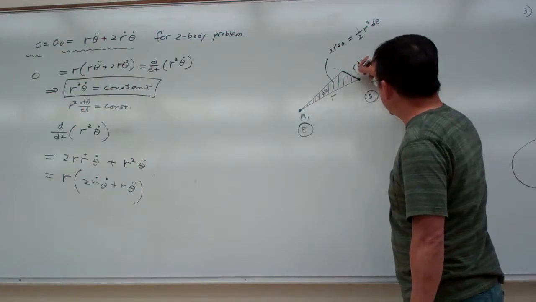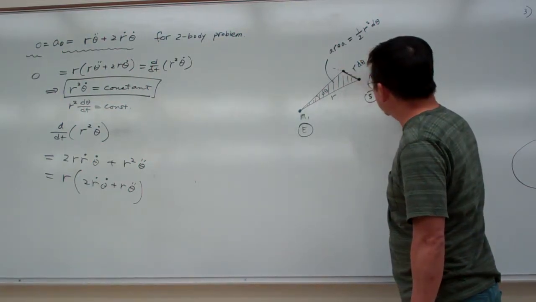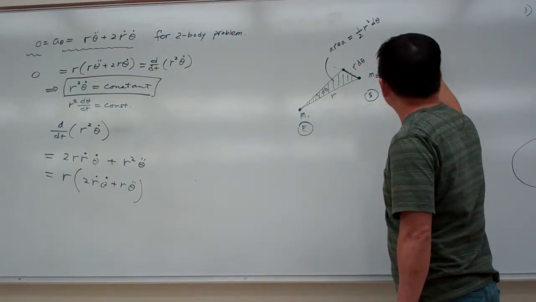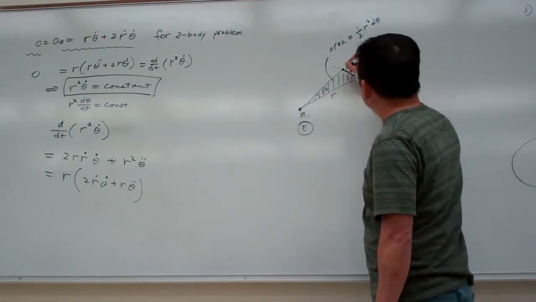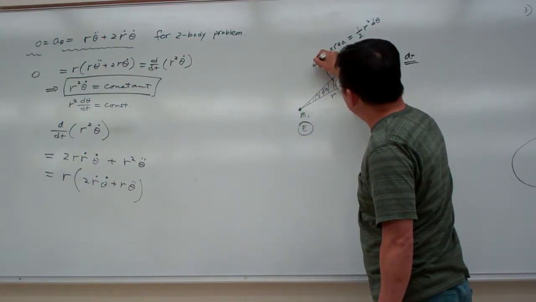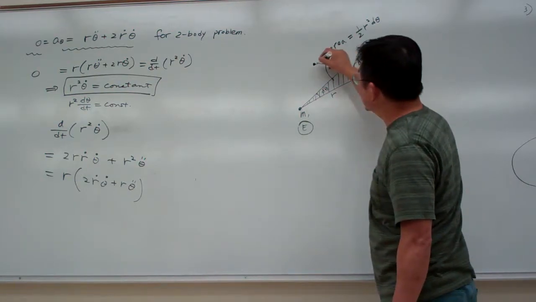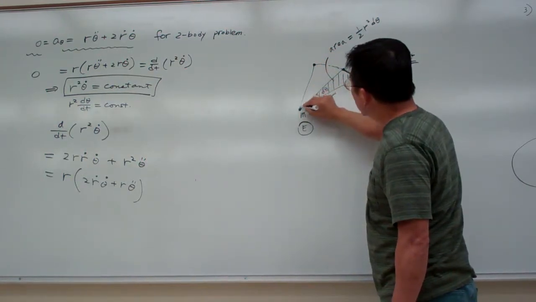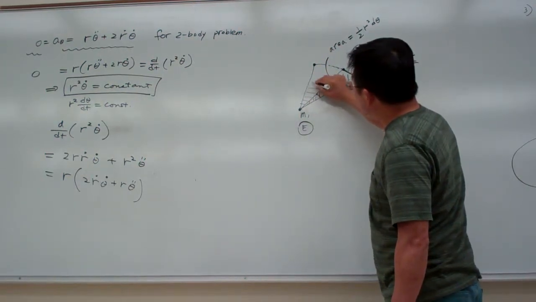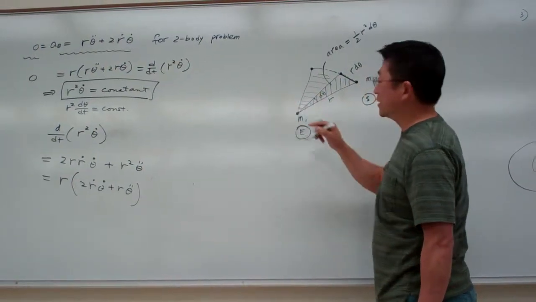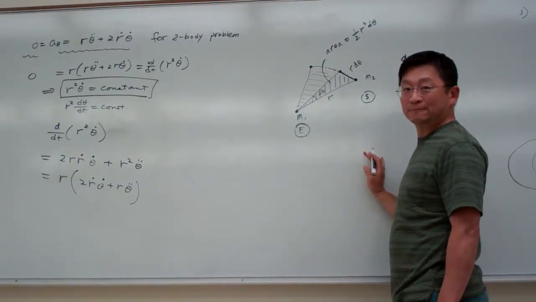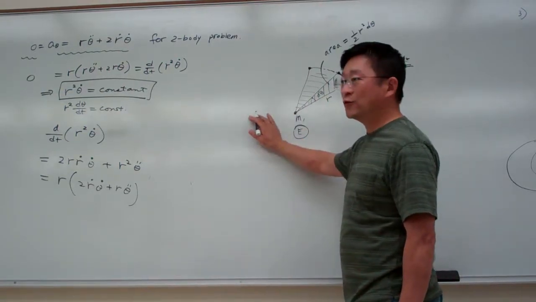So say, for example, we're moving from here to here in a dt, and then we move from here to another point, and again from here to here is dt. The area swept during the same amount of time is constant. Got it? So which law is that?